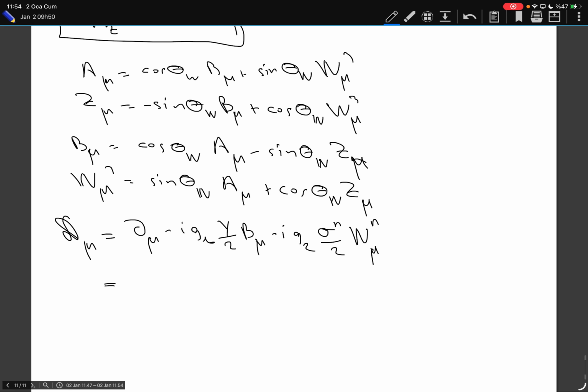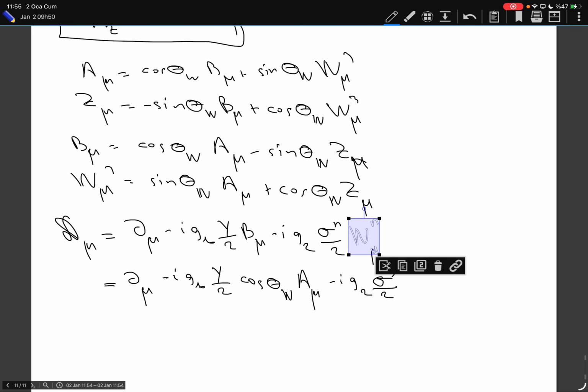This will be, let me keep the del mu, minus i G1 y over 2 cosine theta Weinberg A mu. This is the term coming from this B mu. Then I have minus i G2 sigma 3 over 2. Now here I have omega mu 3.